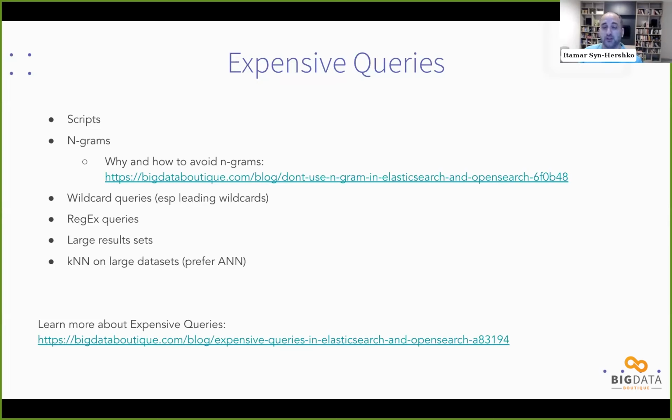Another cause of expensive queries, I wouldn't say a mistake, is just the large result sets that are returned. Asking for 10,000 results back is not very usable. So instead of asking for 10,000 results, ask yourself, do you need those 10,000 results? Because the customer in the front end is not really going to go through all of those.